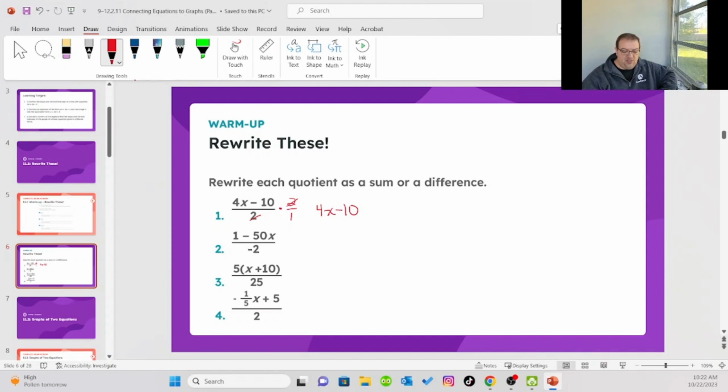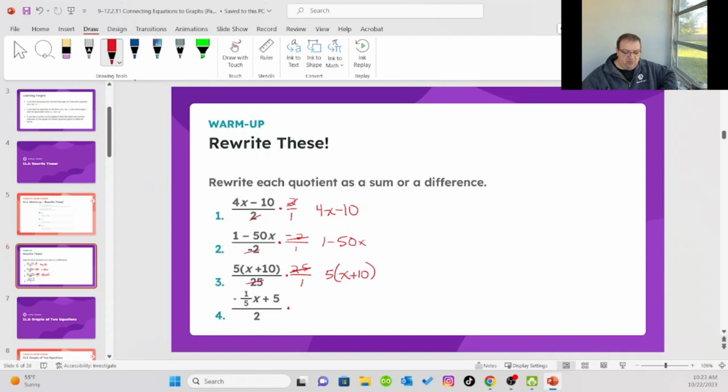Same thing here. This is in fraction form, which is division. So what I can do is multiply by -2. These now cancel out, and this becomes 1 minus 50x. Here, I can multiply by 25. These cancel out, and this becomes 5x plus 10.